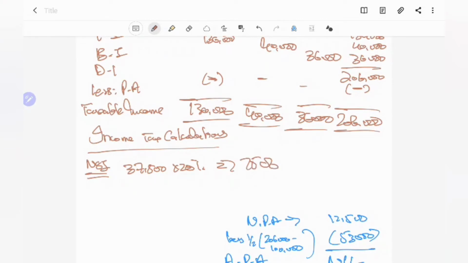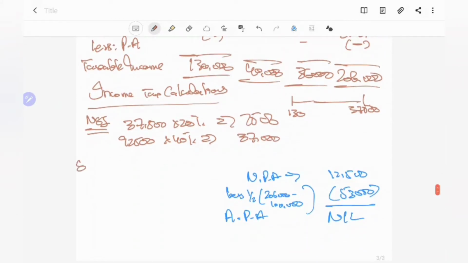And then how much was that in total? 130. So just deduct 130 from the 37,500 and you will get how much? 92,500. Apply 40% on it, you will get 37,000.